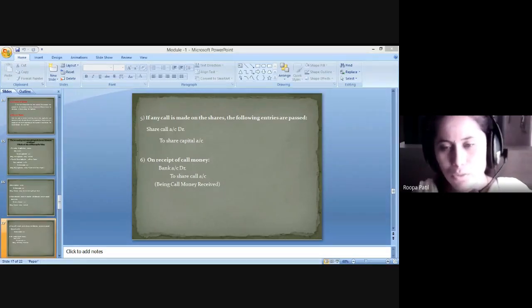So for that purpose, better you record the bank instead of cash. Is it clear to all? Journal entries are clear? So can I start the first problem? If you all agree, then only I'll start.